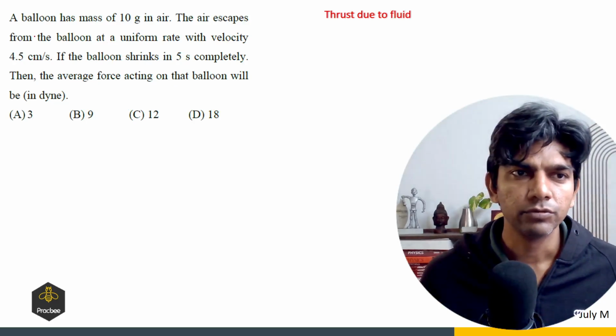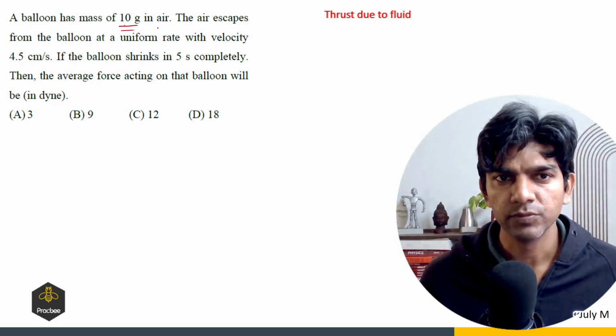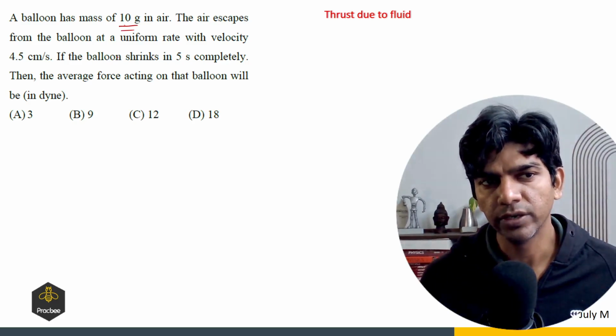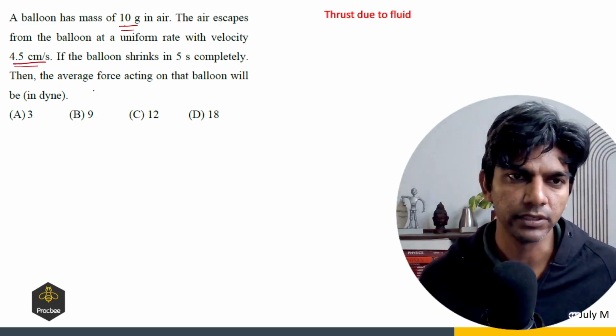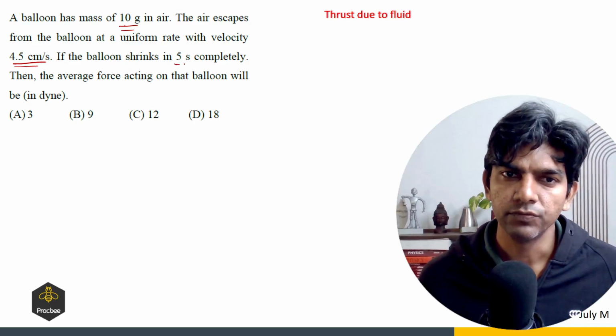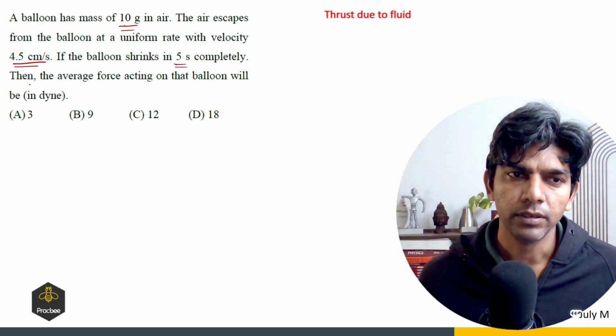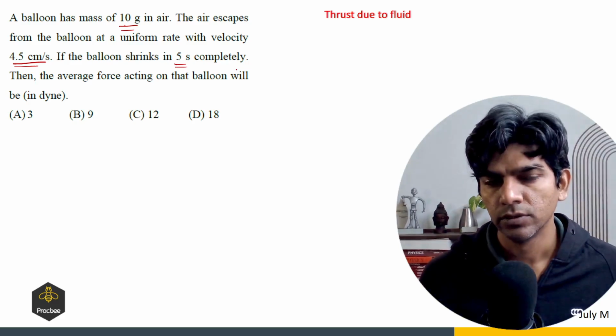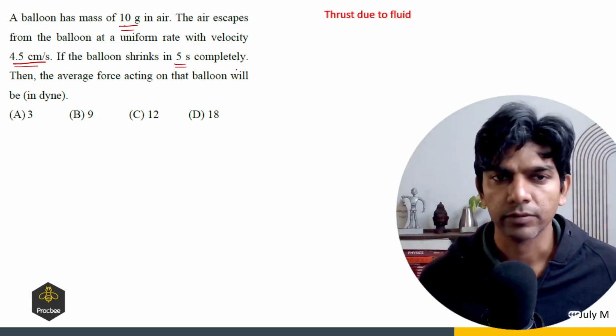Right, so let us see another question. A balloon has a mass of 10 grams in air. The air escapes from the balloon at a uniform rate of 4.5 centimeters per second. If the balloon shrinks completely in 5 seconds, then the average force exerted on the balloon will be? So the force exerted by the ejected air will be how much?